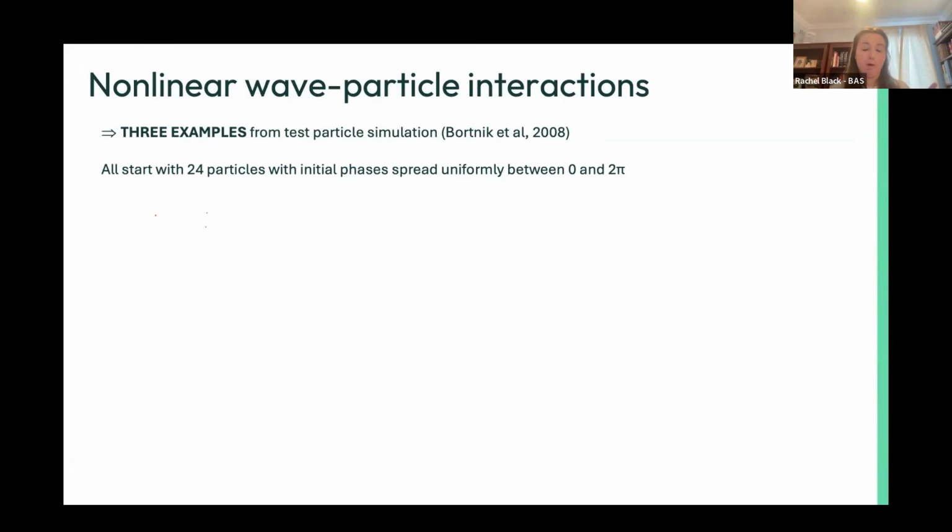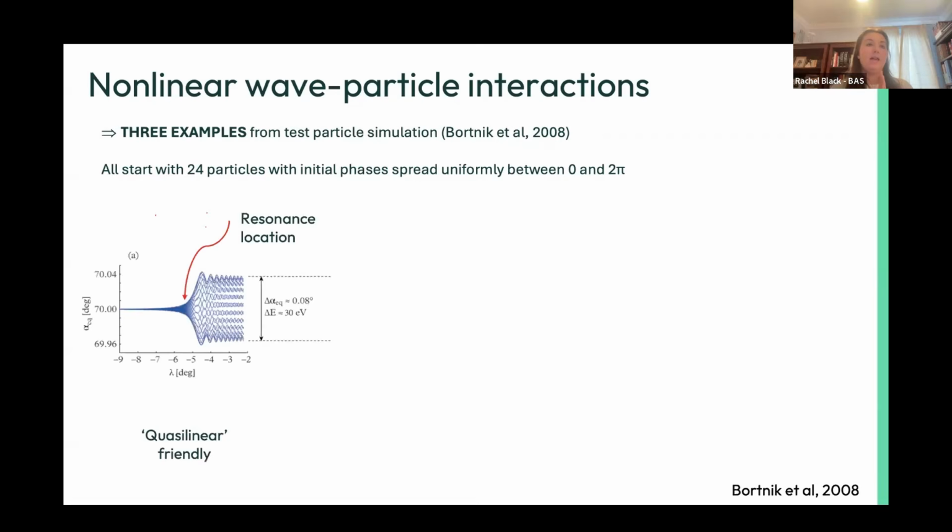In these test particle simulations, each starts with 24 particles that have initial phases spread uniformly between 0 and 2 pi. For the first test particle simulation, we have quasi-linear friendly waves. We have low amplitude, broadband, negligible growth rate waves.